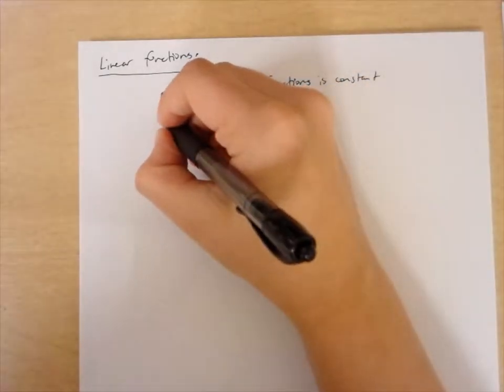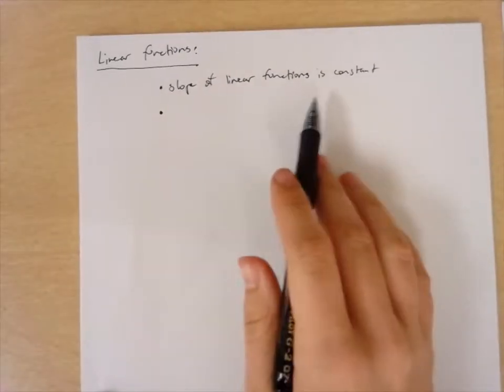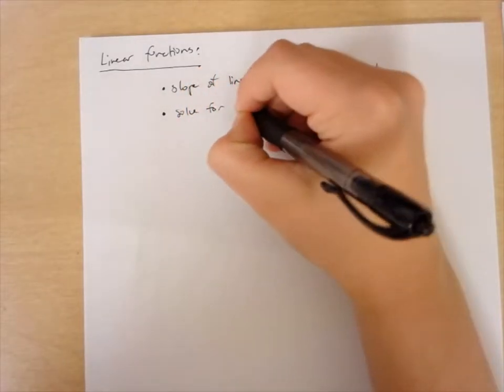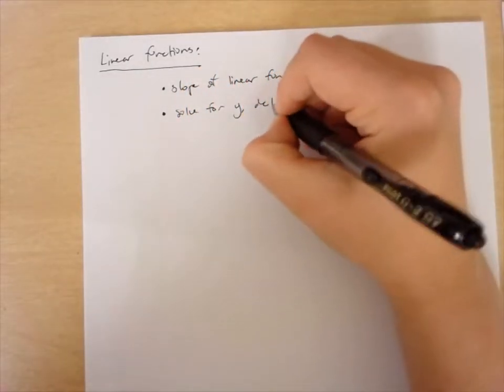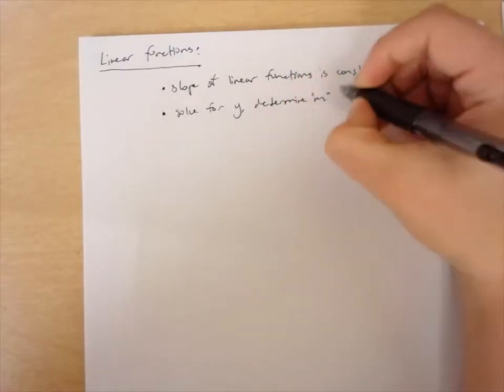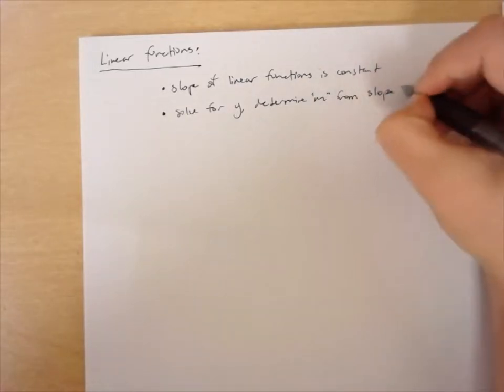So your strategy, whenever you're asked to find the slope at a certain point of linear functions, well, just solve for y and determine your m. Determine the m from your slope-intercept form.